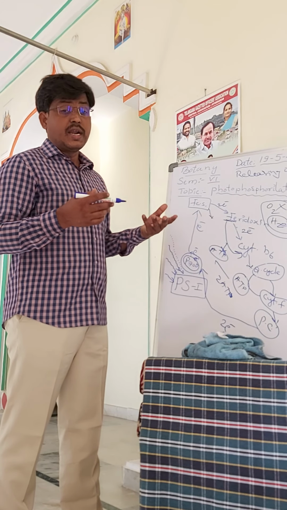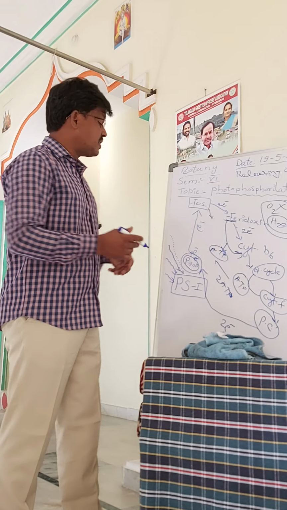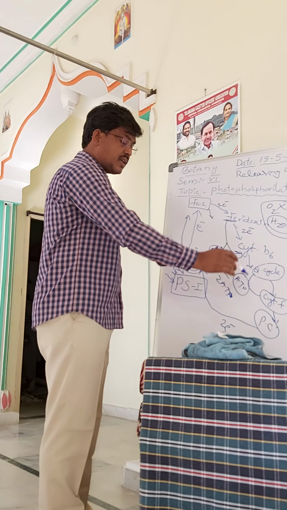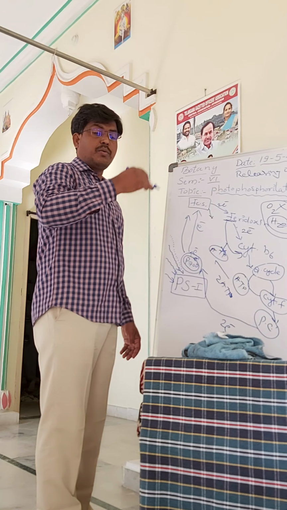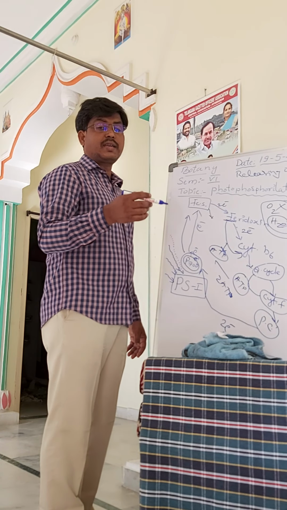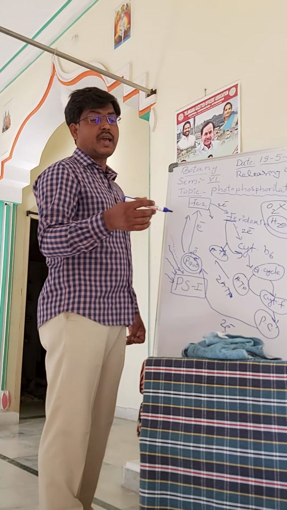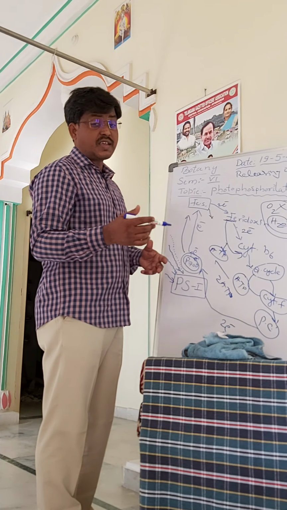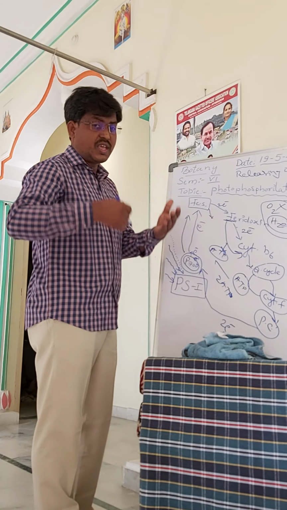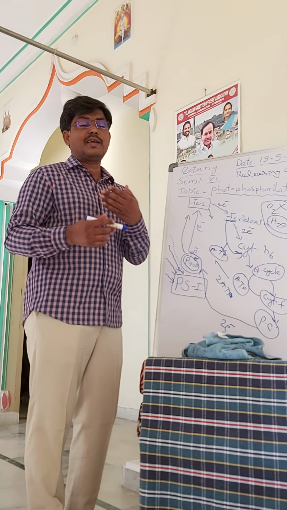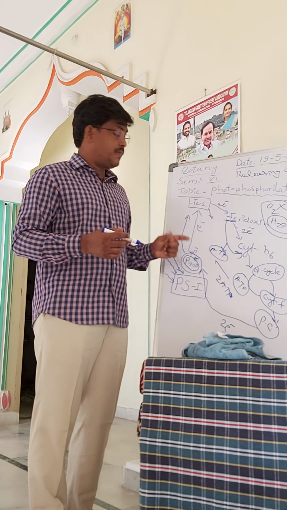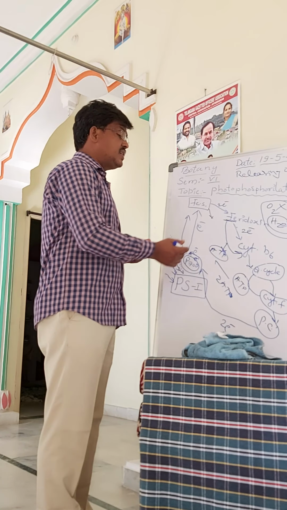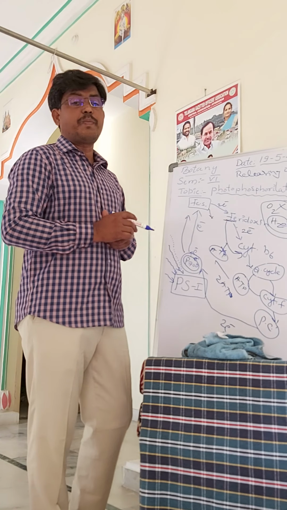So there is no deficiency of electrons, because the released electrons are transferred from one electron carrier to another on the thylakoid membrane in a cyclic manner. Hence it is called cyclic photophosphorylation.